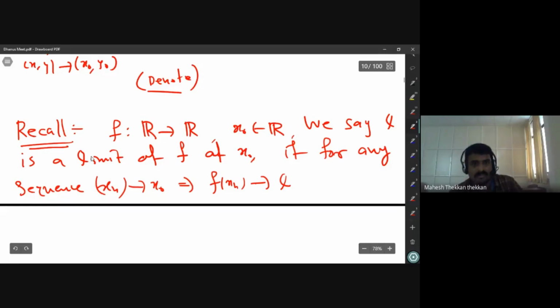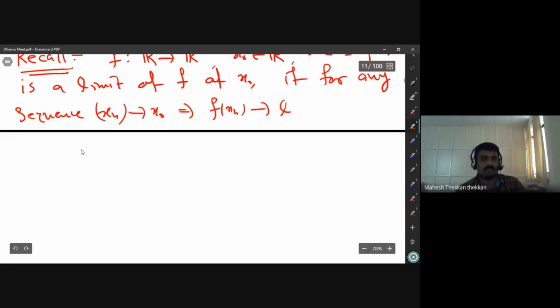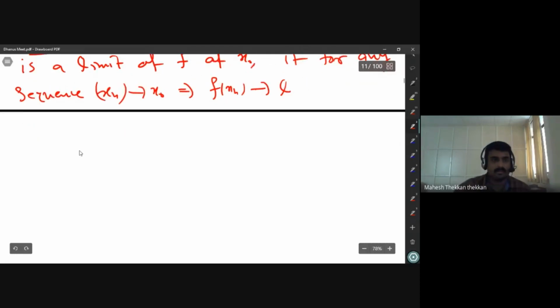The same definition I can extend to the two variable case.